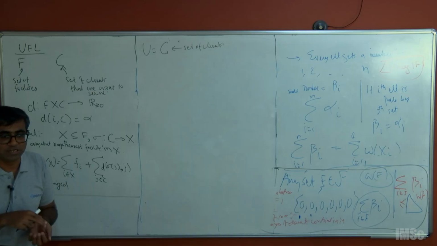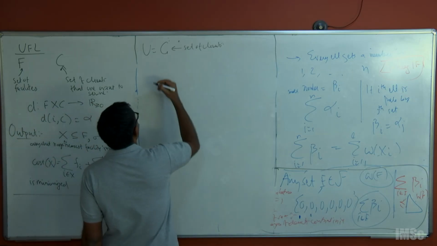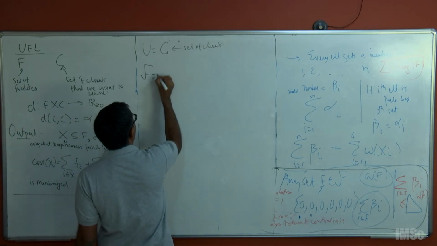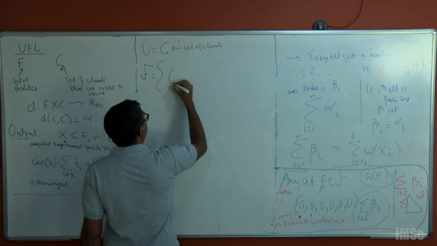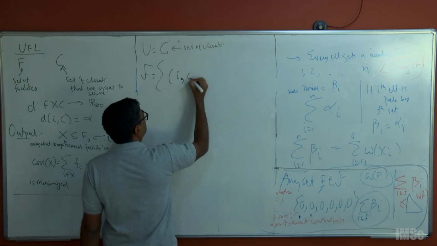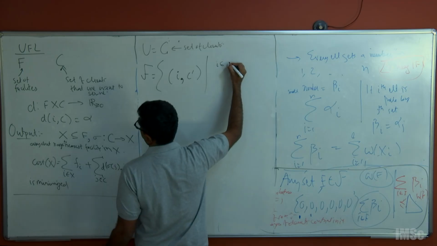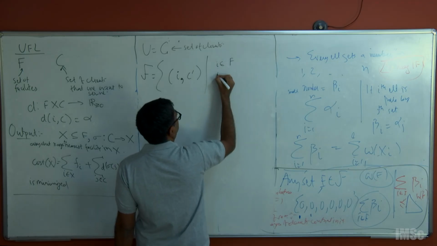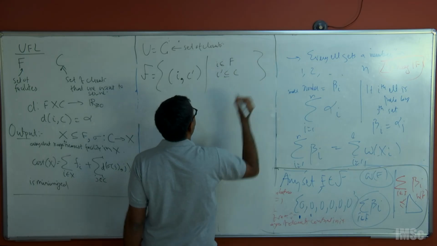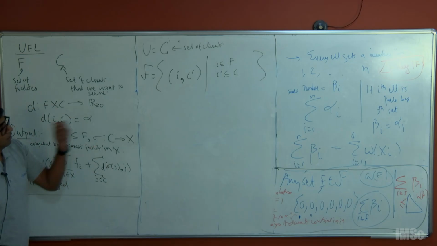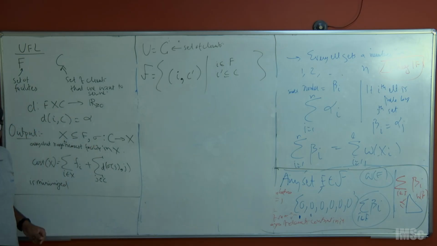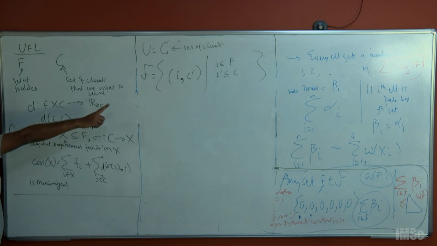So here are my potential facility locations. What is my family? My family is going to consist of sets indexed by (i, C prime), where i is in F and C prime is a subset of C. I do not know which one, but any potential set that could have been used for covering is written here.